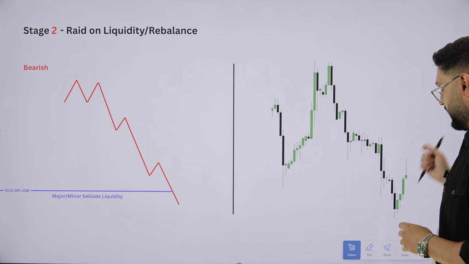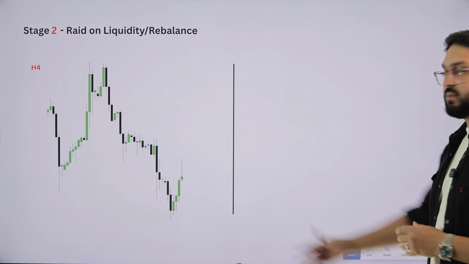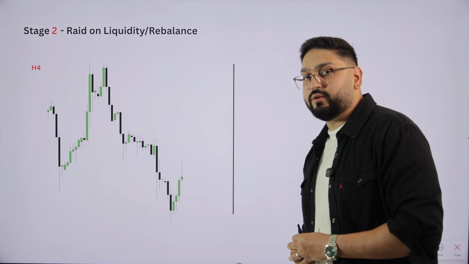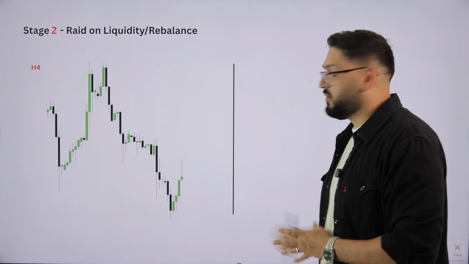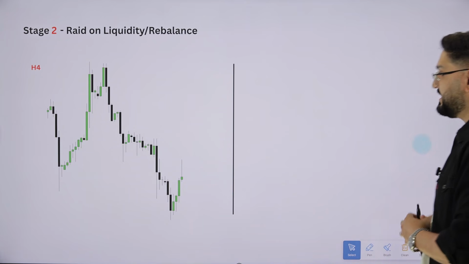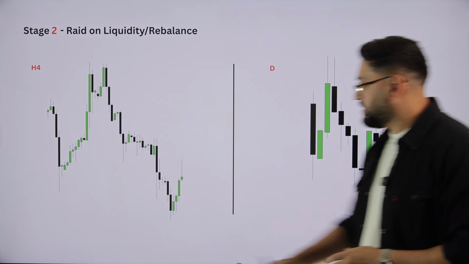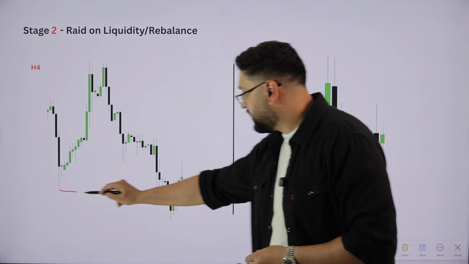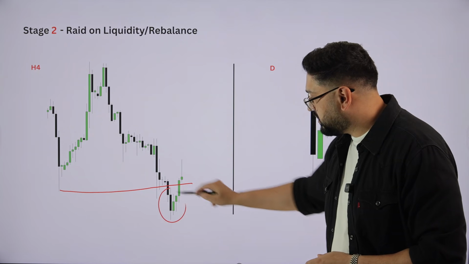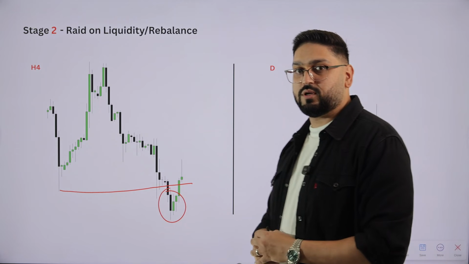But first, as a little bonus here, let's imagine this chart is on the 4-hour time frame. If we zoom out to a higher time frame daily chart, this is what it looks like. Now notice on this time frame, price has closed below that dealing range low.